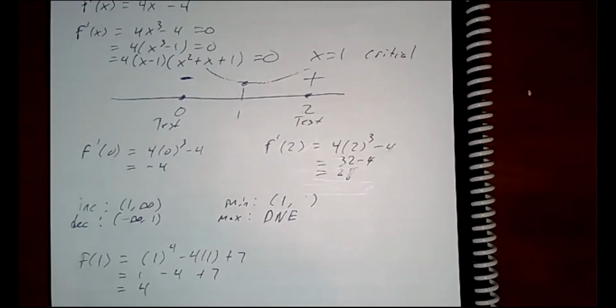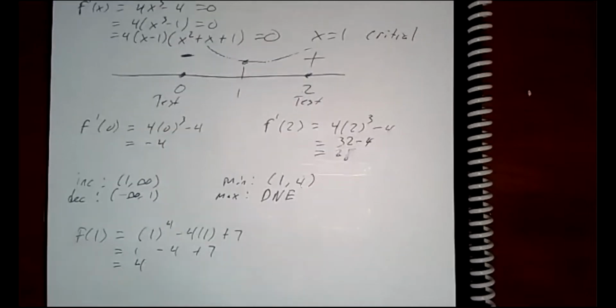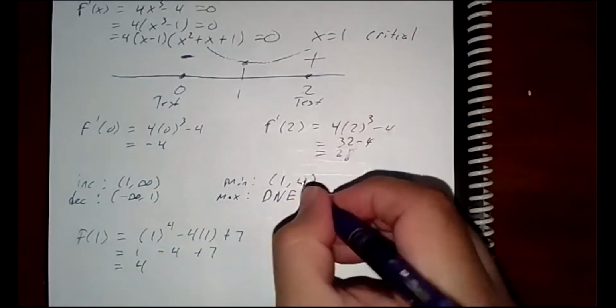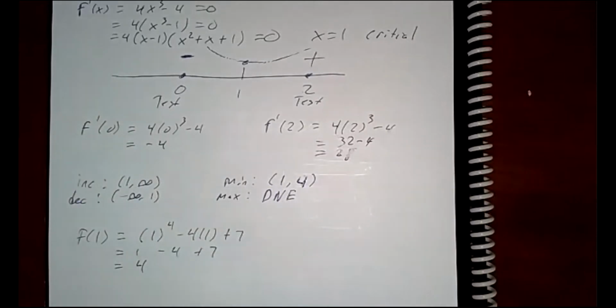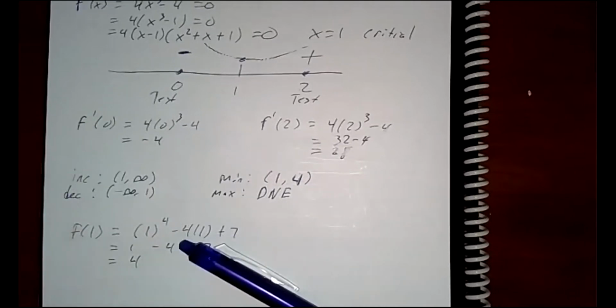So 4. So that's how you find the point. You just plug in the critical number, the x value of the minimum, into the function. And that's what they got.